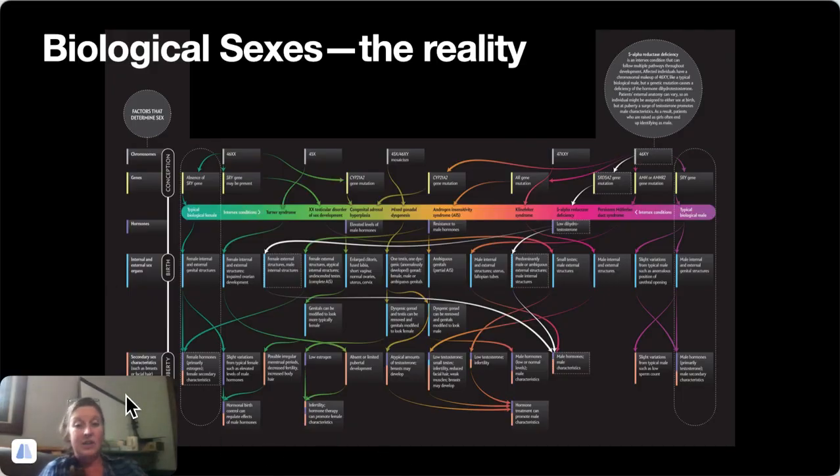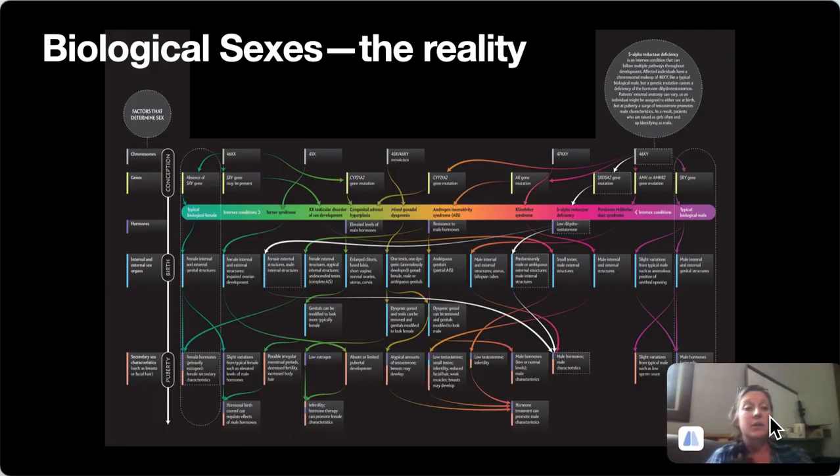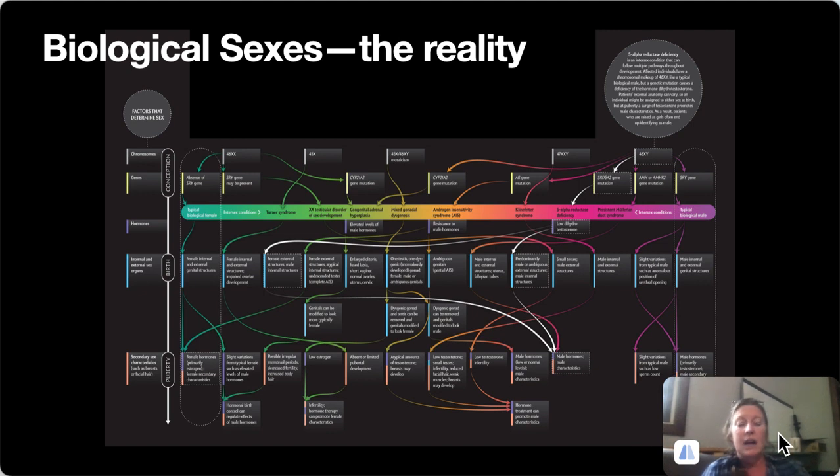Now, thank you, scientists, biologists, for coming up with this. Not that this is something you can easily explain to a 4-year-old, and probably you can't even see it clearly in this slide, but what I want you to notice is that we've got various options for chromosomes here. We've got various options for gonads, various options for hormones, various options for internal and external anatomy, and even gender.